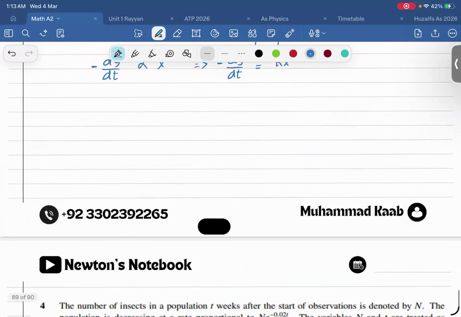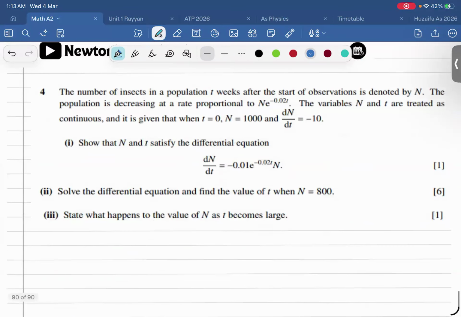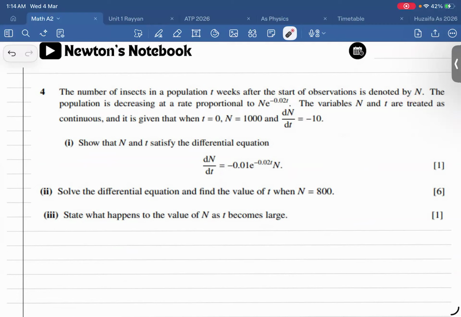Now the question says that the number of insects in the population t weeks after the start of the observation is denoted by N. The population is decreasing at a rate proportional to this. So the population is denoted by N, by the way.